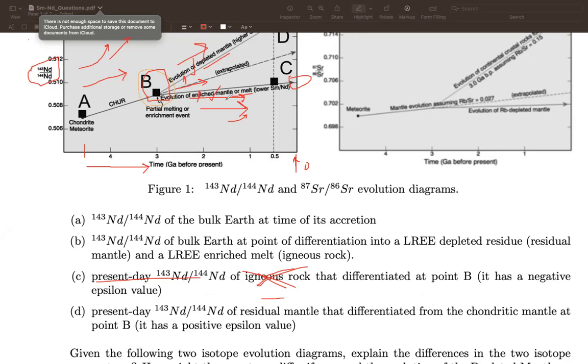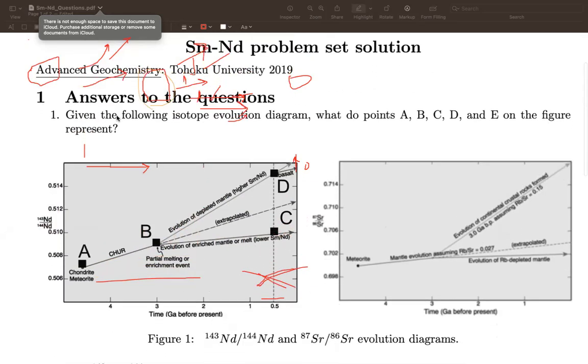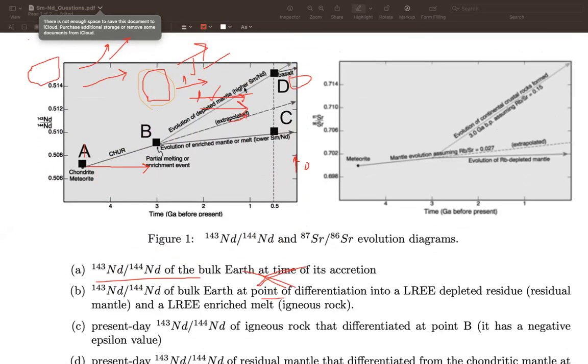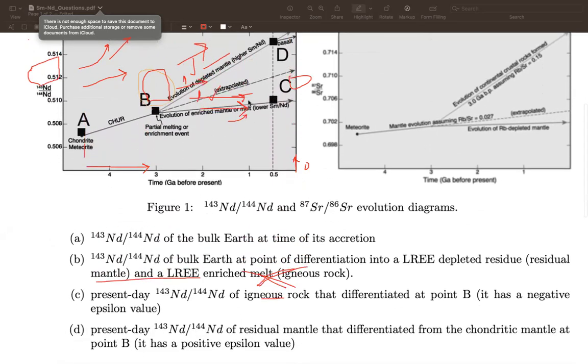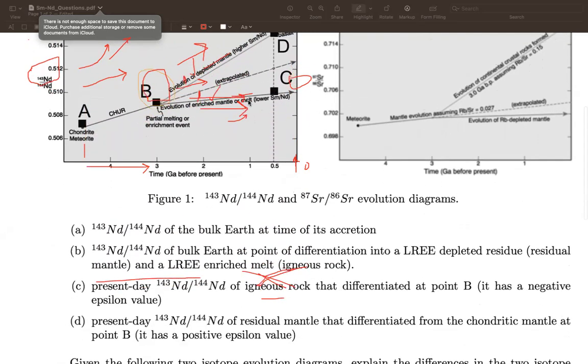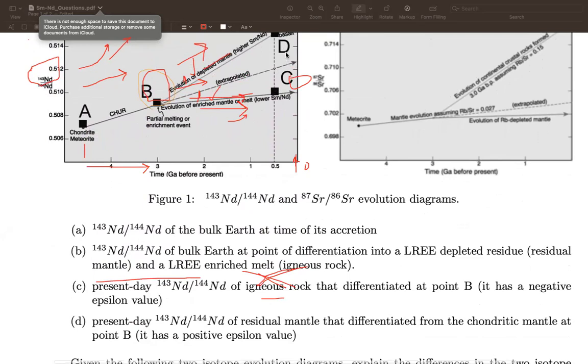And then point D. Where is point D? I can't see that. Okay, point D is here, right? Point D means the present day neodymium isotopic composition.